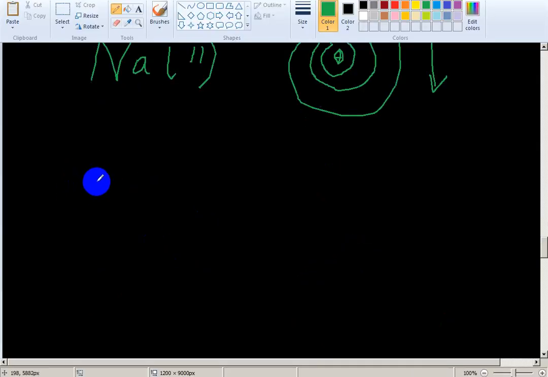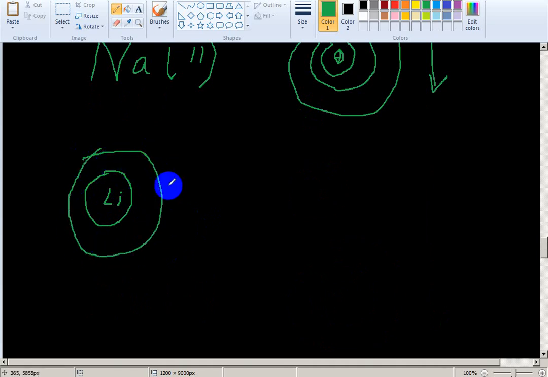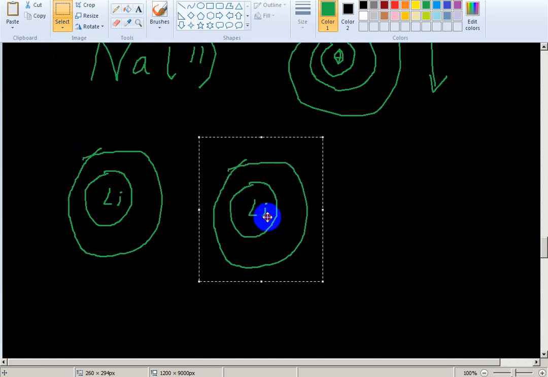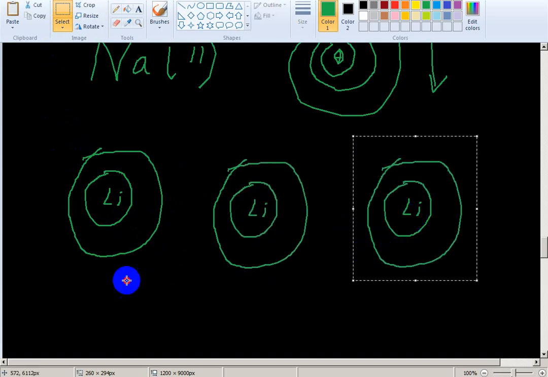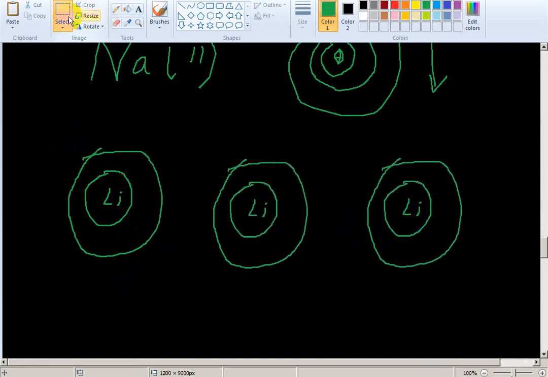For lithium I write 2 shells. Lithium, then beryllium, then boron.